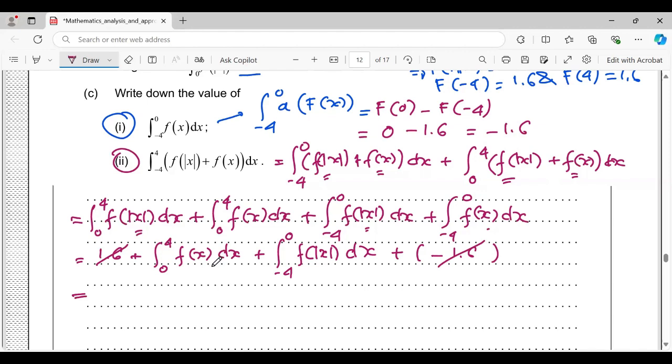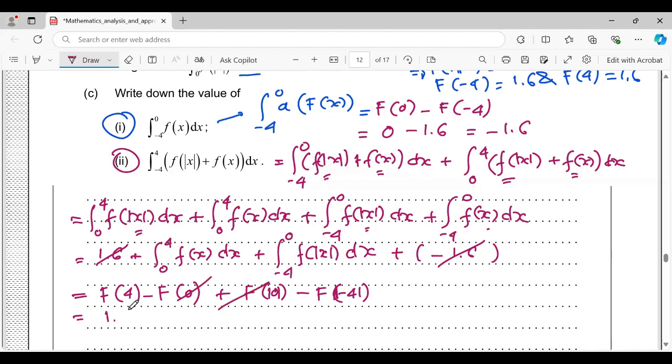And if this integral of f(x) becomes F(4) minus F(0), while this integral is F(0) minus F(-4), okay, so this is 0.